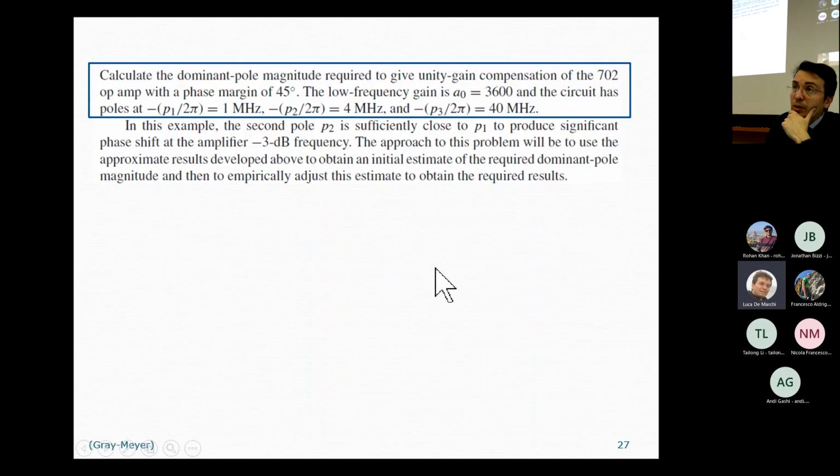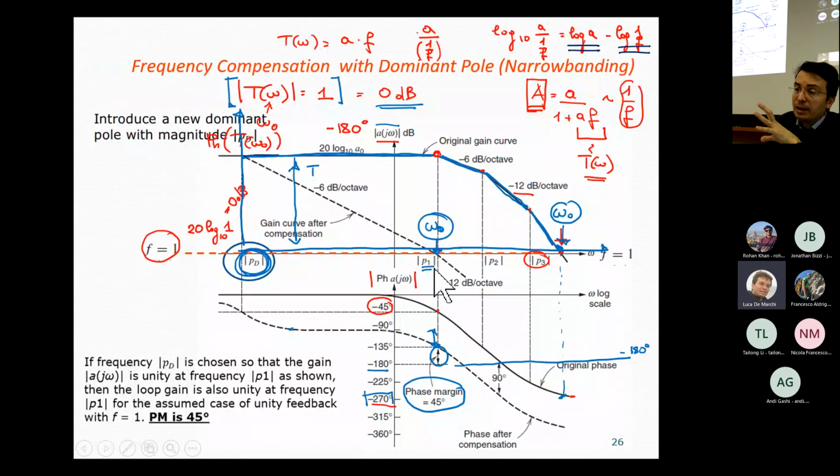What was the former dominant pole, P1, now is the second pole of the circuit, and it is coincident to omega null. When we have this condition, we have the minus 90 degree phase loss, then we have the minus 45 degree phase loss. Therefore, we have exactly the phase margin equal to 45 degrees. So one possible way is to set PD in order to have omega null equal to P1.